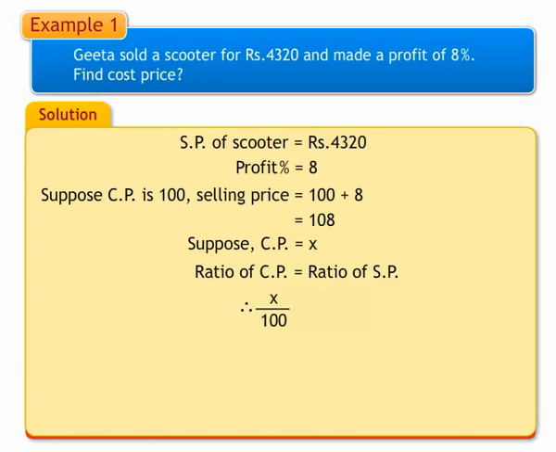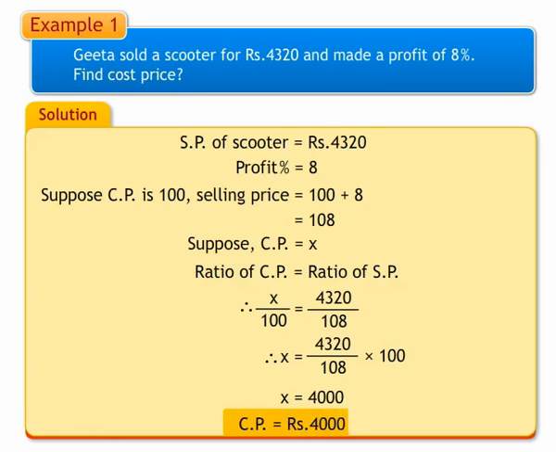Therefore, X upon 100 is equal to 4,320 upon 108. Therefore, X is equal to 4,320 upon 108 into 100. This is equal to 4,000. Thus, cost price is rupees 4,000.